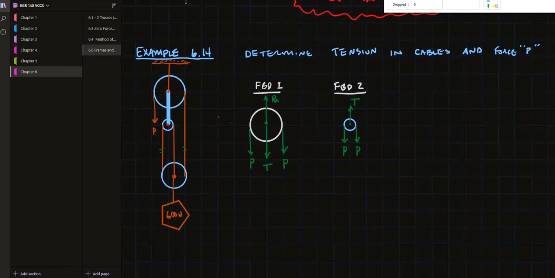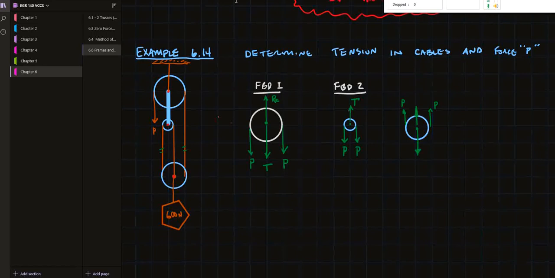And then finally, a little bit bigger pulley. This one has a force here pulling up. It has a force here of P and a force here of P, and then we're loaded.